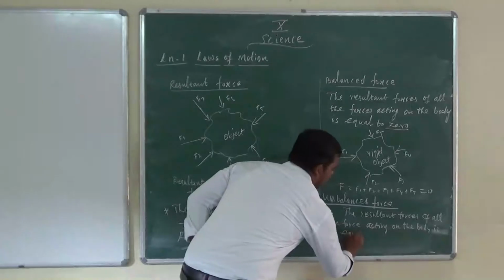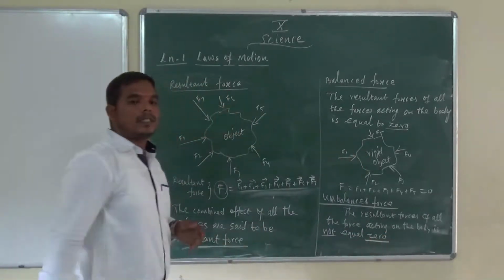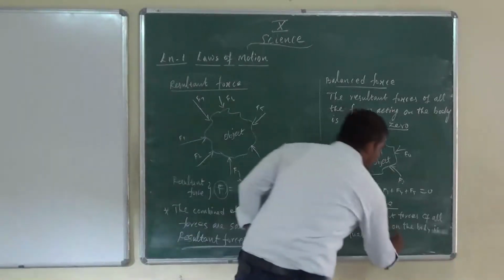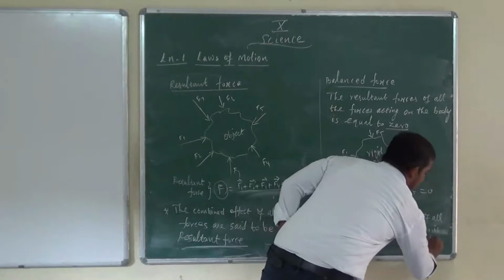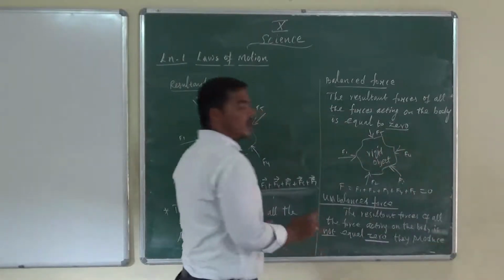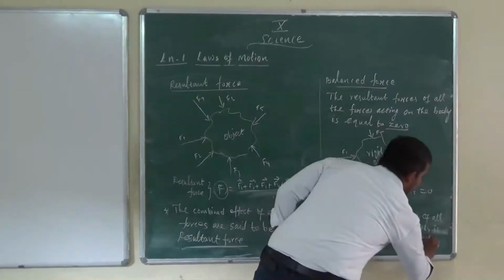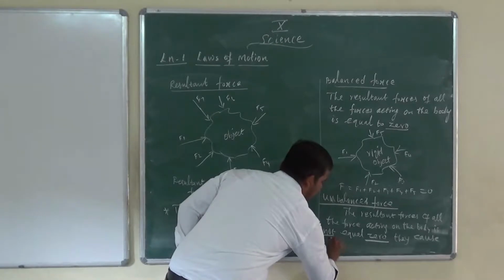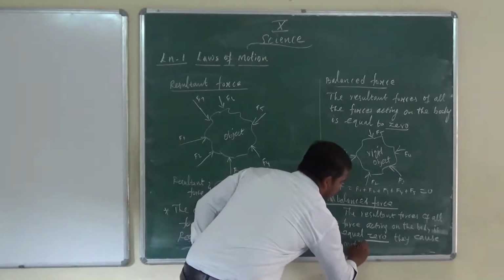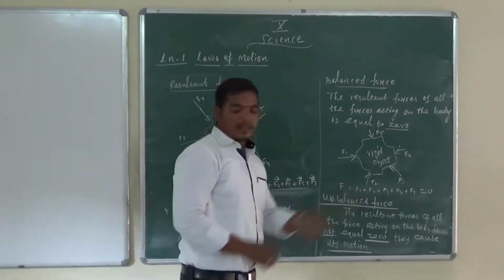Not equal to 0, the word is important. What happens? They produce or cause its motion. That is known as unbalanced force.